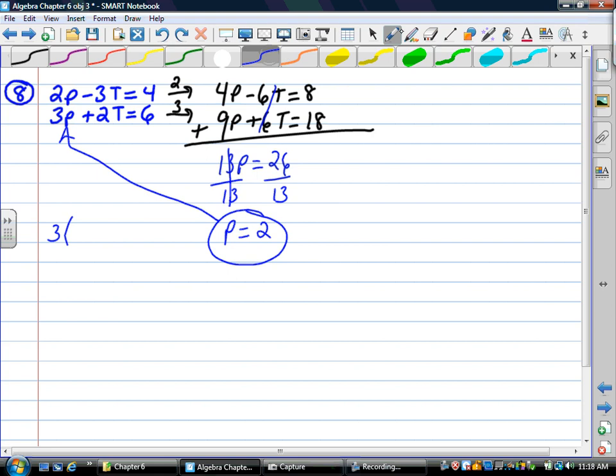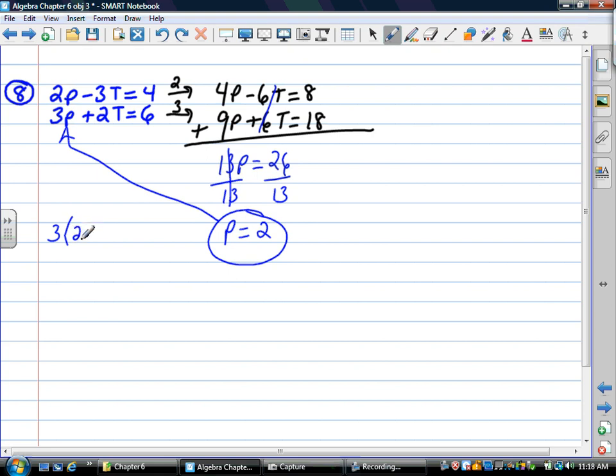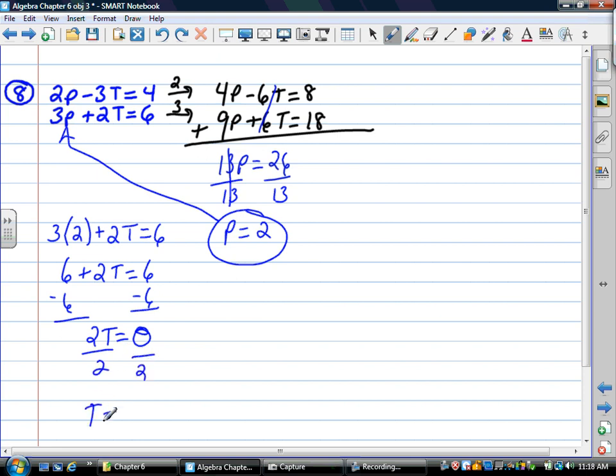Slow down. 3 times 2 plus 2 times t is going to be equal to 6. 3 times 2 is 6. 6 plus 2t is going to be equal to 6. Subtract 6. I want it with 2t. It's going to be equal to 0. Divide by 2. t equals 0. Your ordered pair solution, 2 comma 0.